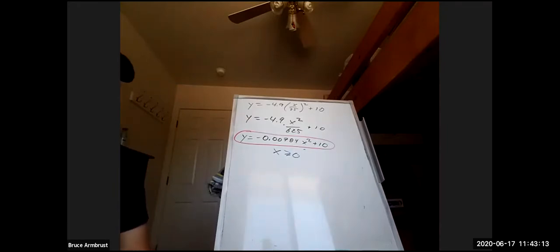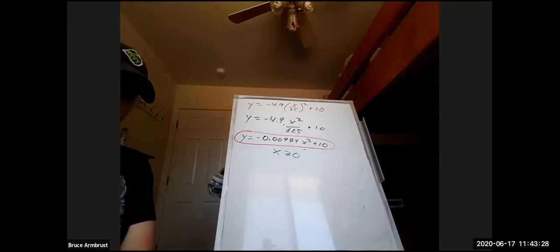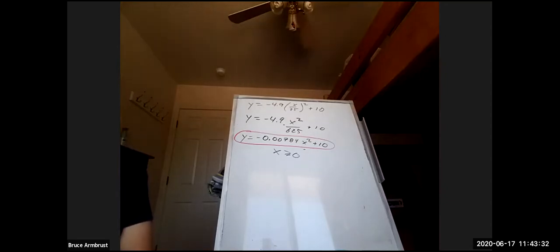Because if we're talking about this as t is time, negative time doesn't make sense. The ball isn't going through the air before I threw it, right? It has to be from 0 on. So eliminating the parameter is really useful, but we do have to be careful that we don't necessarily get the entirety of the graph, right? We can only get part of it, like in this case.